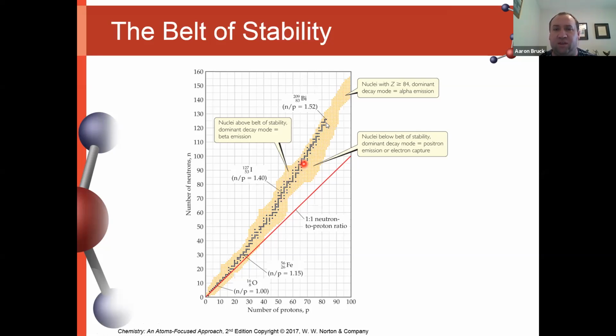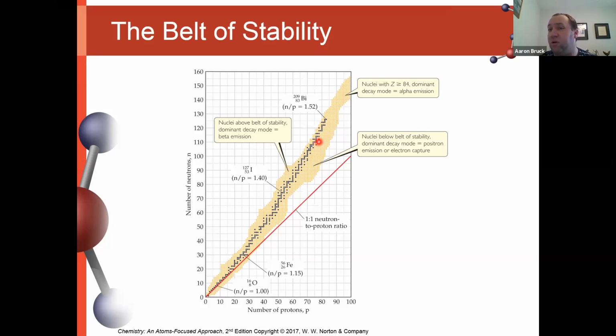And by the time we get up to bismuth, element number 83, it's up to 1.52 neutrons per every proton. Now notice that after bismuth, all of the nuclei here are unstable. We have no stable nuclei after bismuth, element number 83.